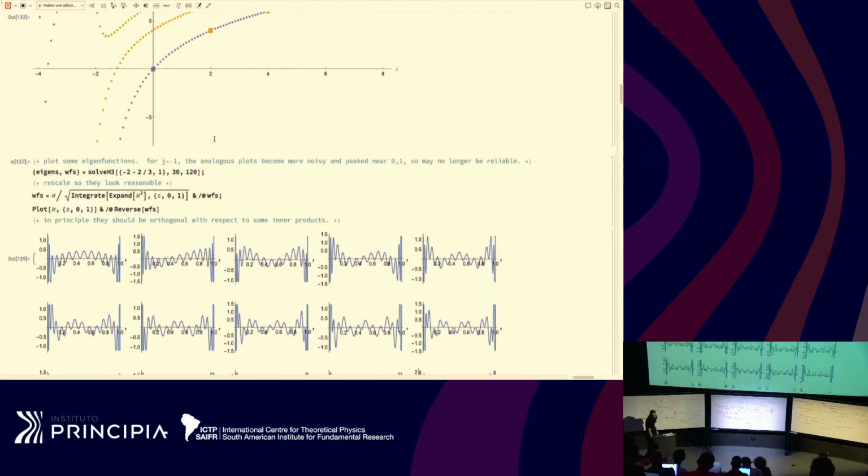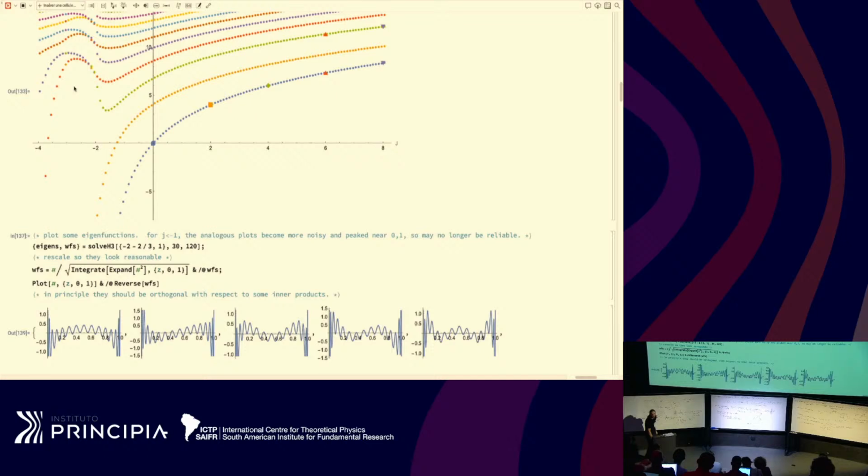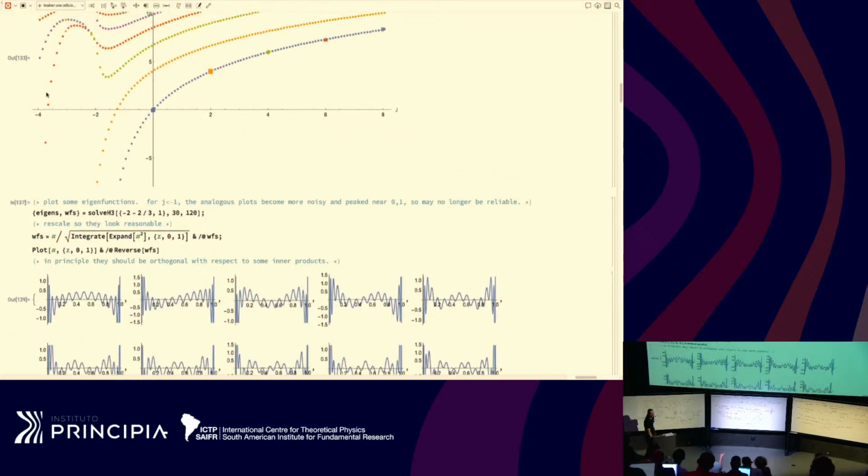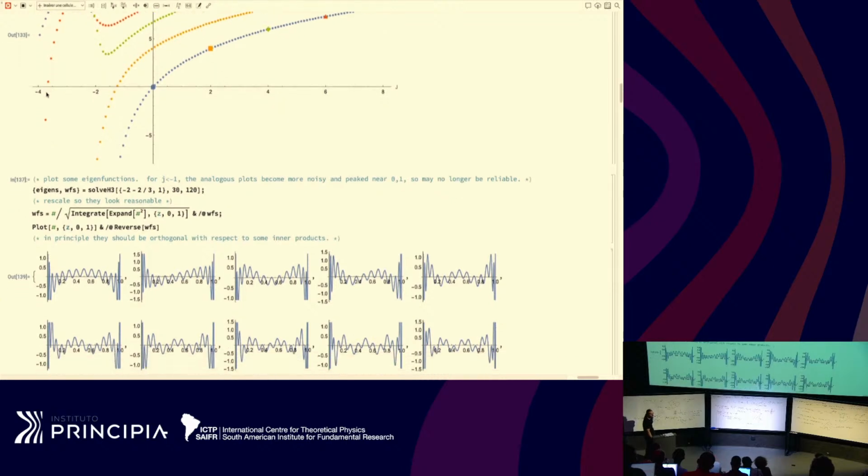So I don't actually trust these eigenfunctions to the left of this singularity. Exactly. It should be possible to analytically continue the Hamiltonian, but you need to add more singular powers. We have to analyze a little bit more what happens at the endpoints.